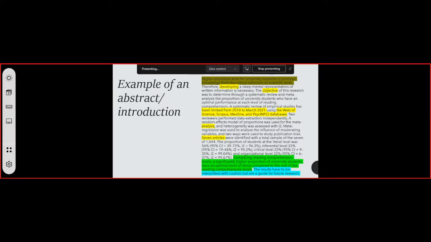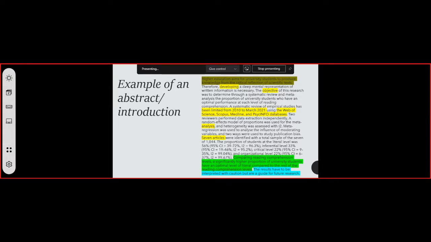They're also telling you which search engines they used. They used the Web of Science, Scopus, Medline, and PsycInfo as databases. They also tell you who did the review. Two reviewers performed the data extraction independently, and then they give you the method. A random effects model of proportion was used for the meta-analysis.